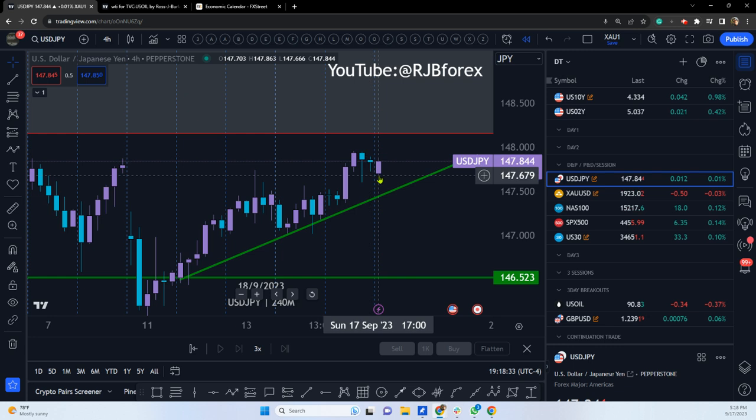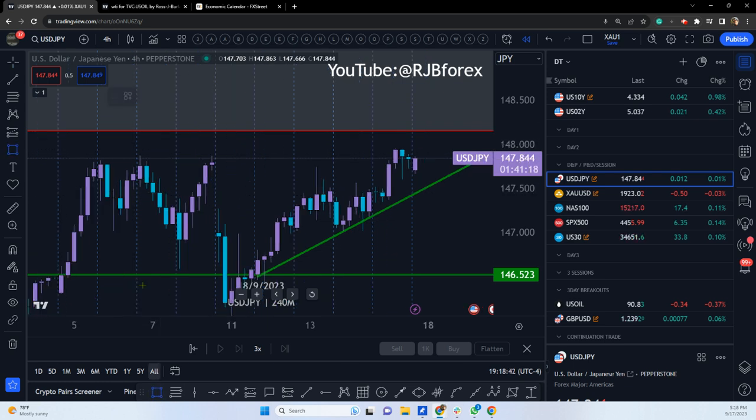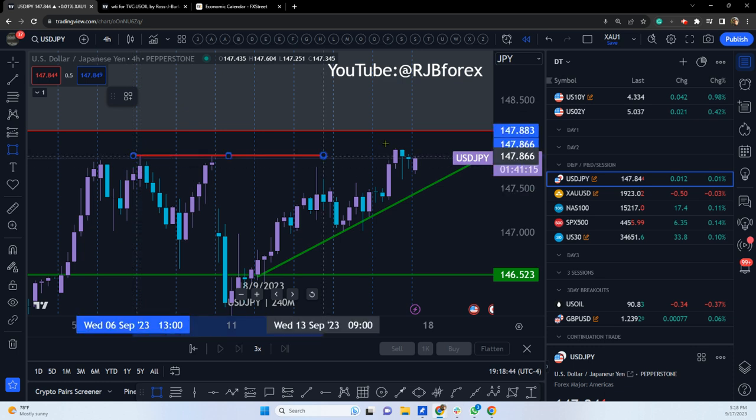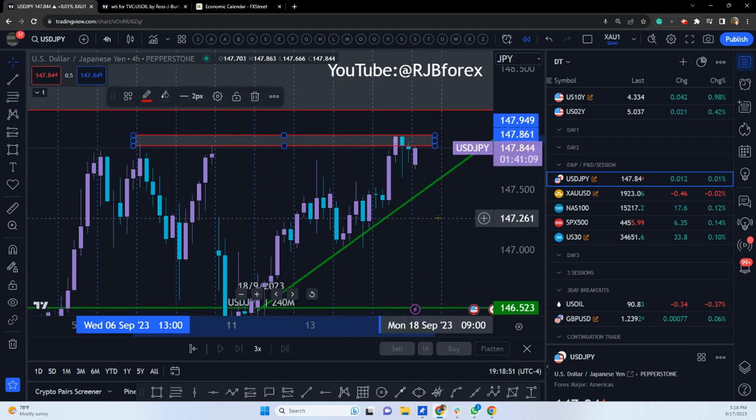Impulse correction, prospects of a continuation perhaps before the rollover, or are we getting stuck at resistance and this is a false break to the upside for the day ahead that will be met with shorts perhaps.